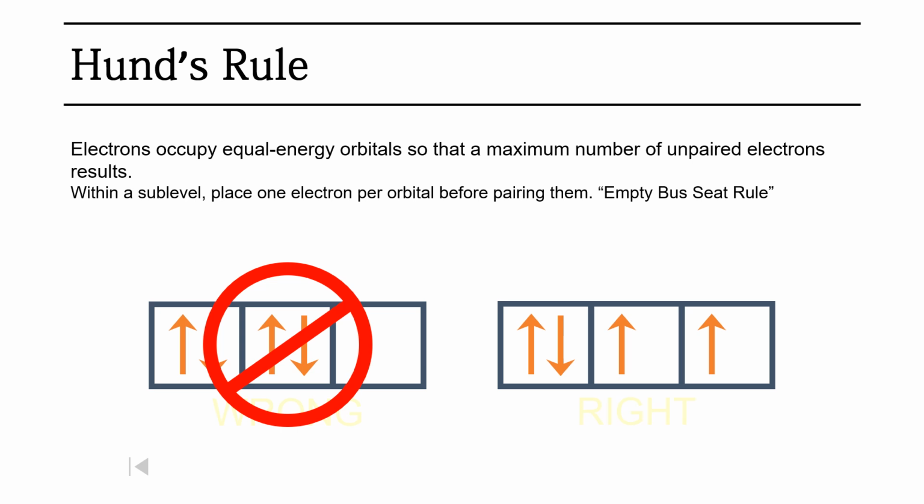That means first they fill in one direction in a particular azimuthal energy level, every magnetic energy level filling in one direction, and next they go to the other spin side.